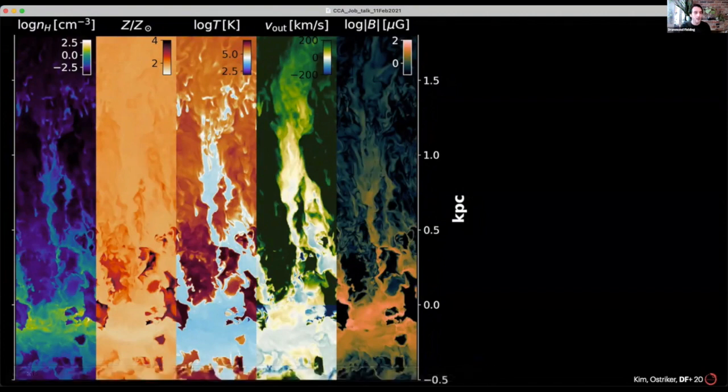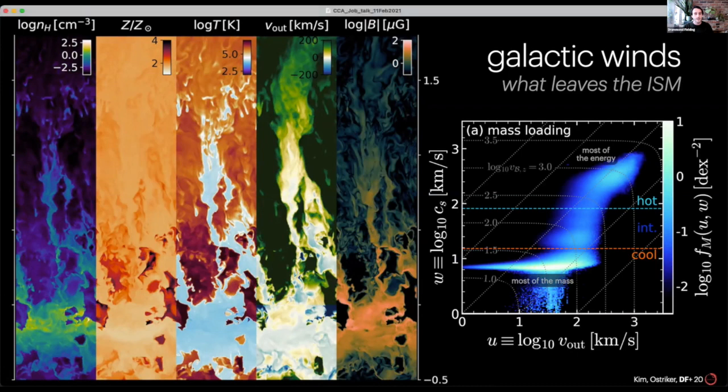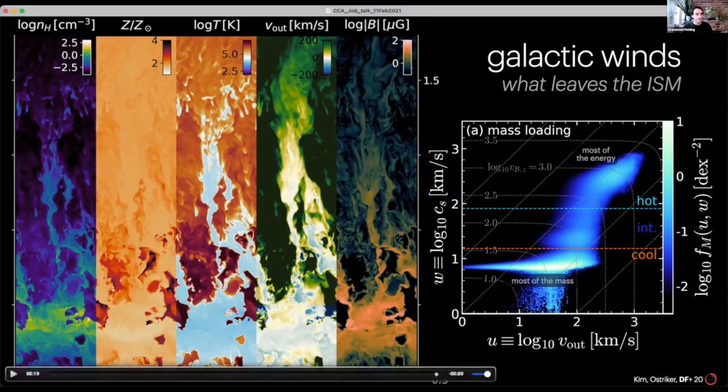And we can look at this a little more quantitatively by looking at the phase distribution of these outflows. So what this plot on the right shows is the fraction of the mass flux at a given sound speed, so the temperature, versus the outflow velocity.